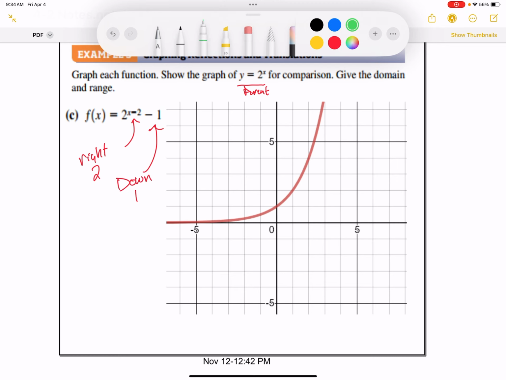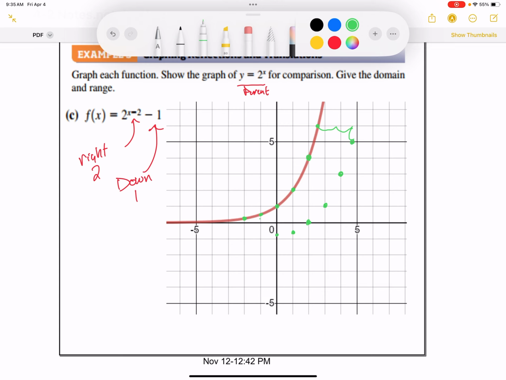So every point that I would have, this point, any point, goes to the right 1, 2, and then down 1. Right 1, 2, and down 1. Maybe you need another one right here. Right 1, 2, and down 1.